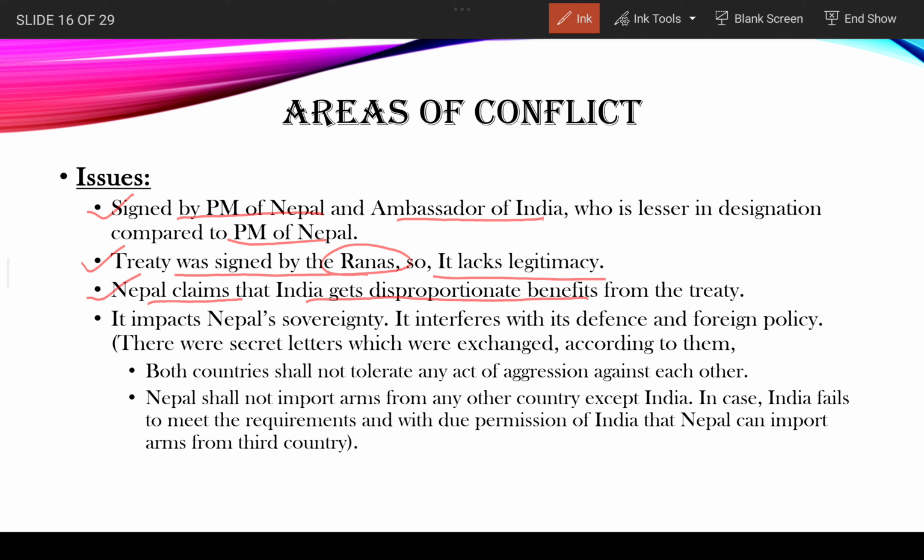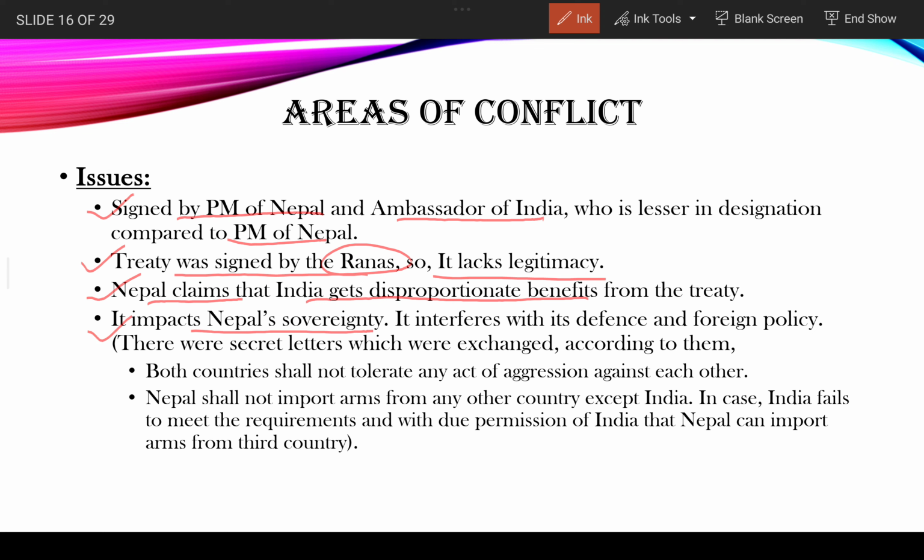Although we can see that Nepali people are getting employment opportunities, they believe that India is getting the disproportionate advantage because Nepal is considered a smaller state and India a larger state. They are saying that these open borders are actually providing India with more advantage. So this is one of the claims by Nepal.